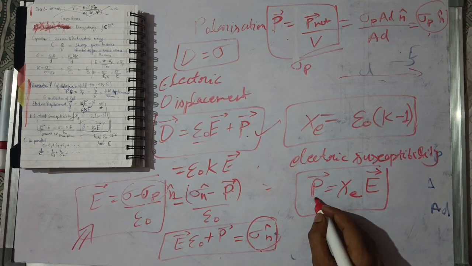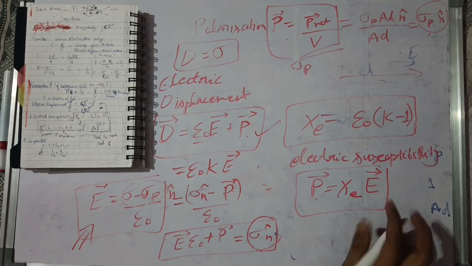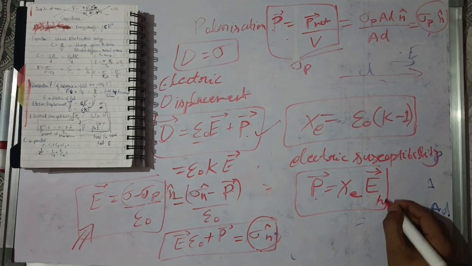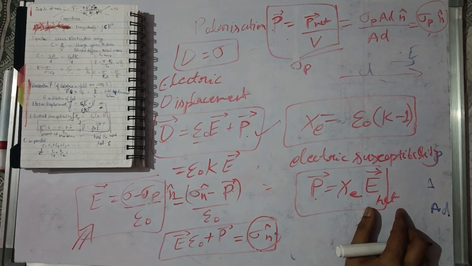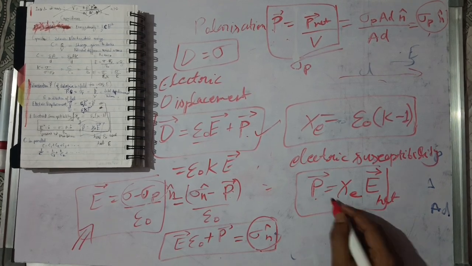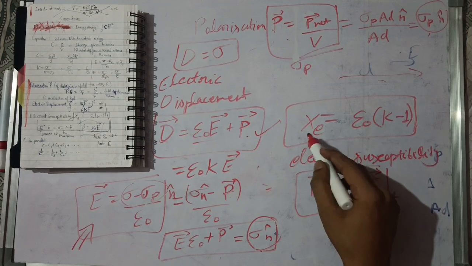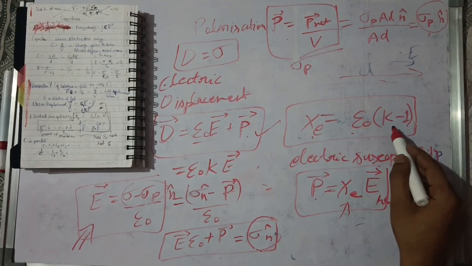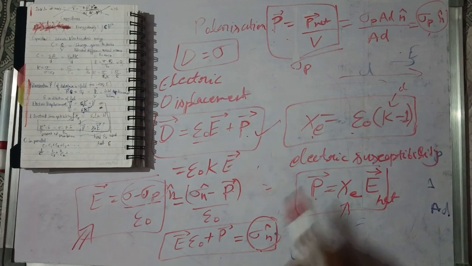So to write this polarization, we use this electric field equation, the net electric field present in the medium, and this is the polarization. This can be equated using the electric susceptibility value, which is epsilon naught times the dielectric constant of the medium minus 1.